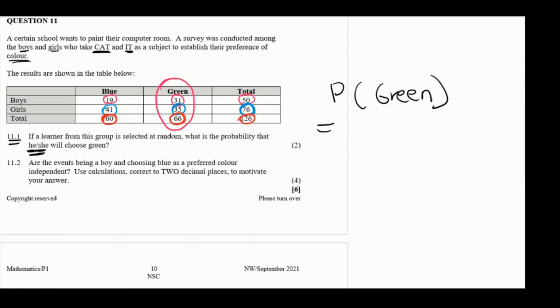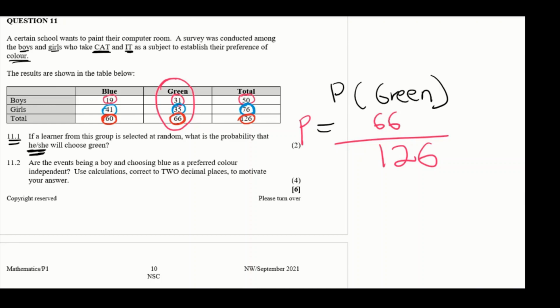If we look at the green, including boys and girls, the top part is 66. So this is the total number of green, both boys and girls, who want this room to be green. This is divided by the total number of boys and girls, blue or green, the entire group of students. It's 126. So the probability is equal to 66 over 126.